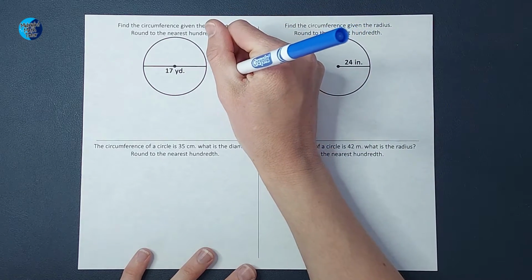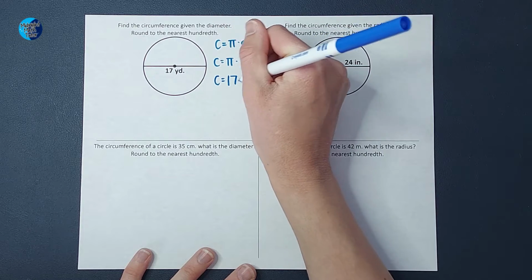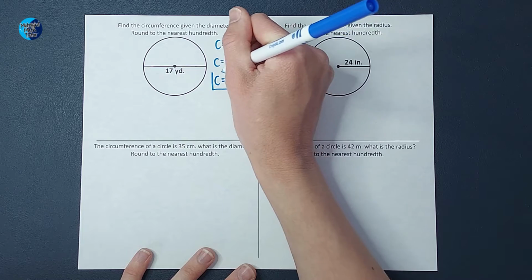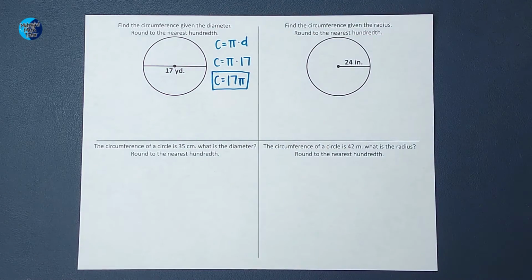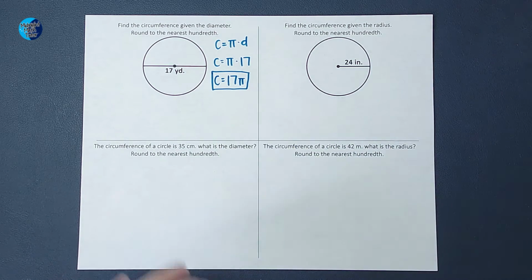So I could leave my answer as my circumference equals 17 pi. If your teacher asks for the exact answer or for the answer in terms of pi, that is what they are looking for. Okay, that's my answer.